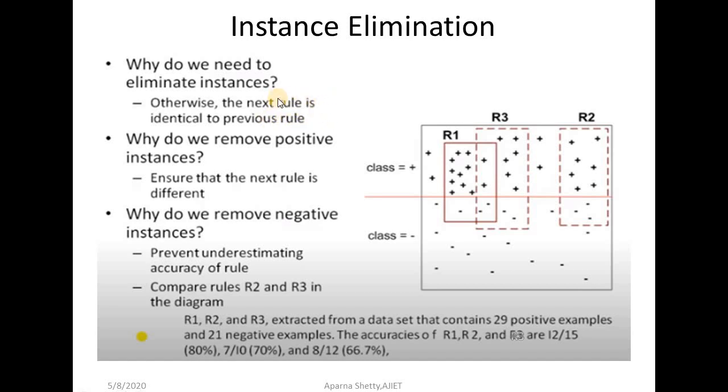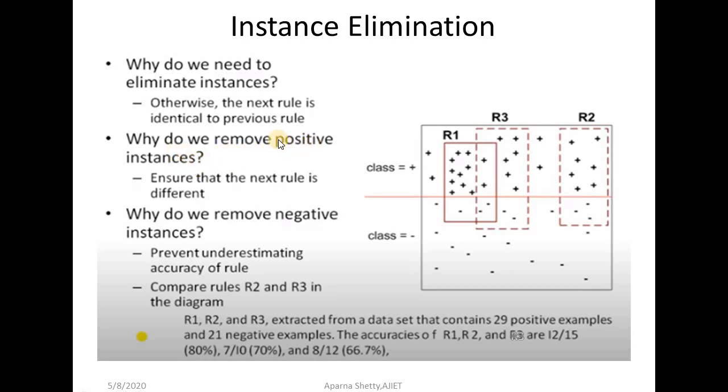Otherwise you will get similar rules. And this is not supported, because one property of rules is that they have to be mutually exclusive. Correct? So we need to generate rules that classify the records into different classes.